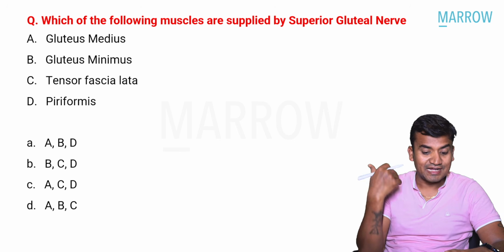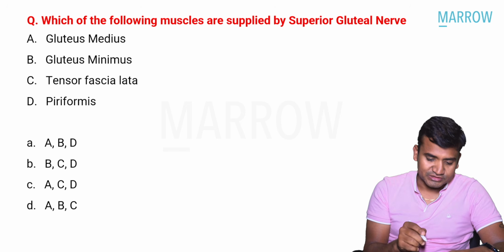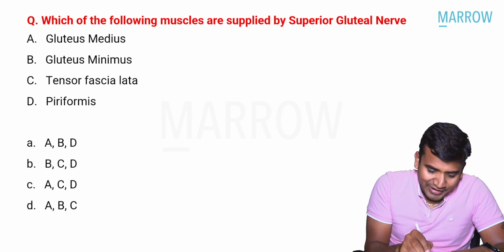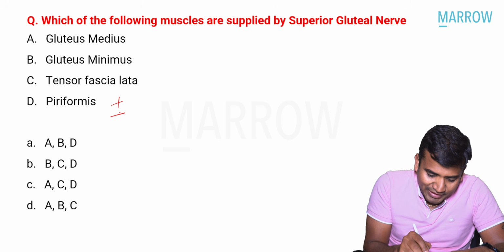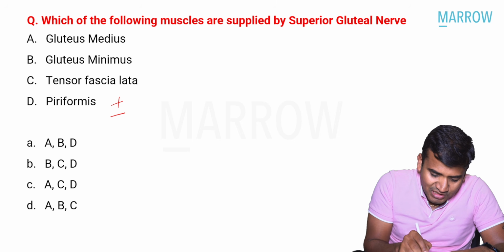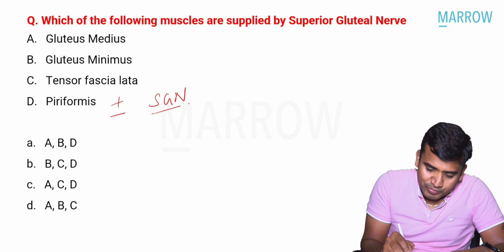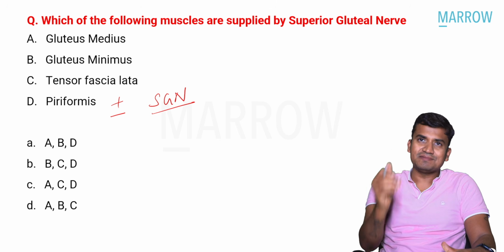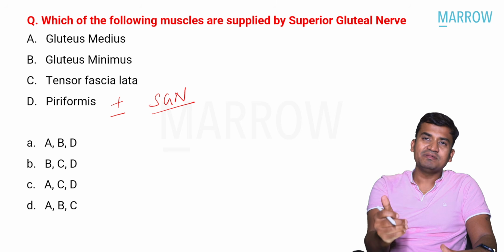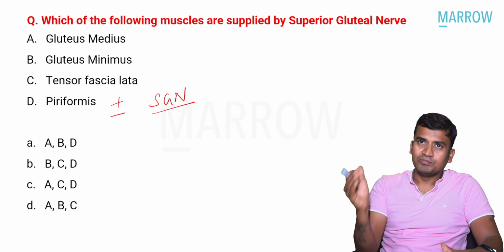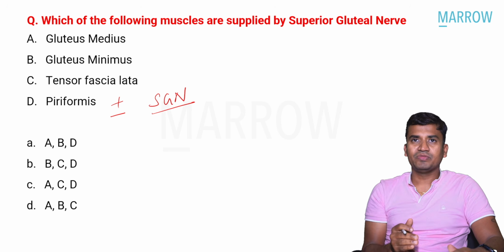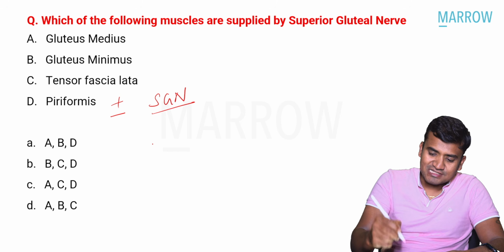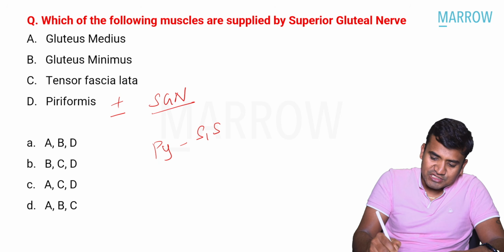But in the options, luckily, they are giving only 3 options. So you can keep the piriformis muscle as a plus or minus option for the superior gluteal nerve supply. Superior gluteal nerve mainly supplies 3 muscles: gluteus medius, minimus and tensor fasciae latae. Please keep these 3 as the main answer. Piriformis is mainly supplied by fibers from S1, S2.